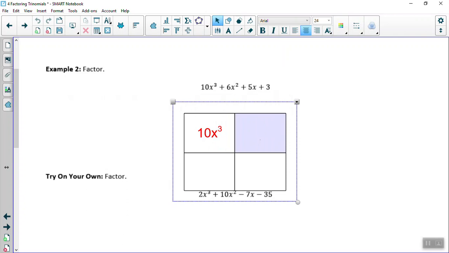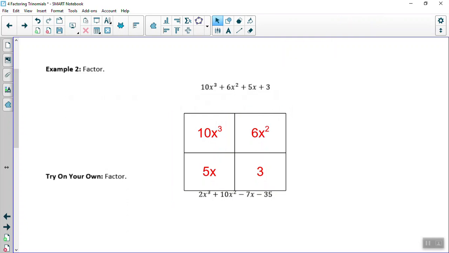In this box, I'm going to do my 6x, raised to the second power. In this box, I'm going to put my 5x, and in this box, I'm going to put my 3.